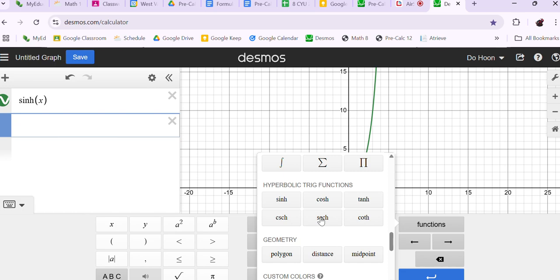I'm pretty sure you can find it on the calculator, on this calculator too. There's a hyperbolic sine function. I don't exactly know if we have one here, sadly. But yeah, it's there.